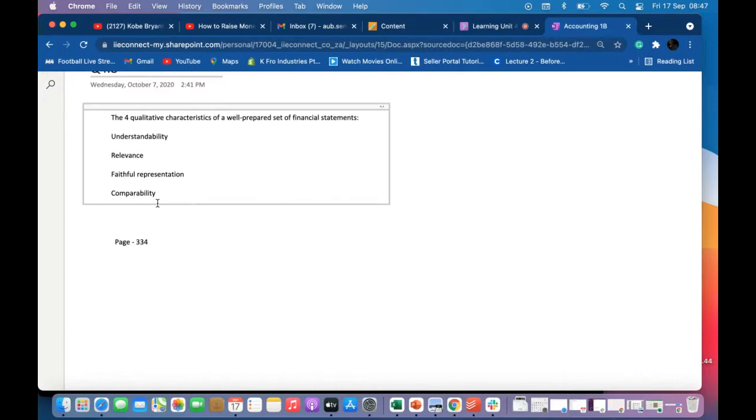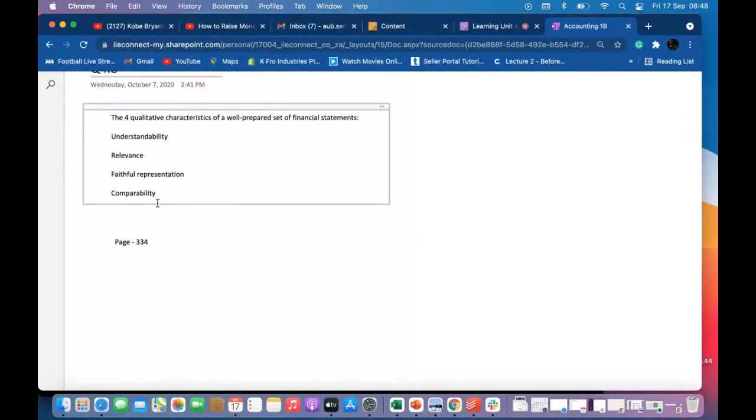I don't need to go into all of that. But basically, important information must be included. Everything that is material must be included in the financial statements so that the users looking at the statements can make good decisions.